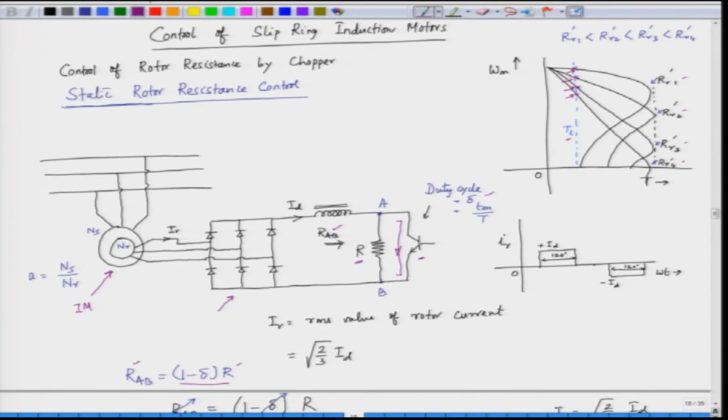Okay. Now, if we want to control this in a closed loop, we have to control this current, that is ID. ID is the current in the DC link. Now, if we can control this current ID, we can control the torque, and if we control the torque, the speed can be controlled.